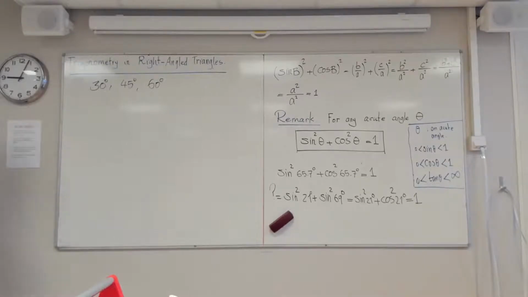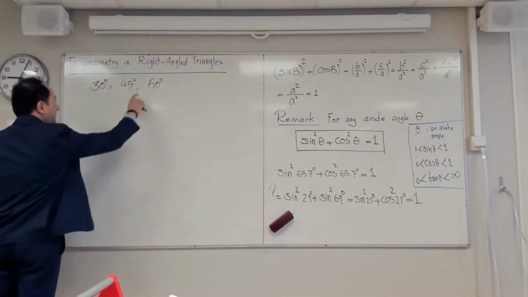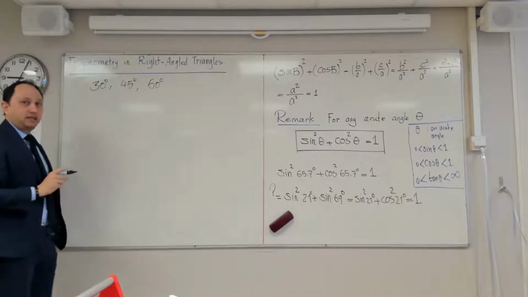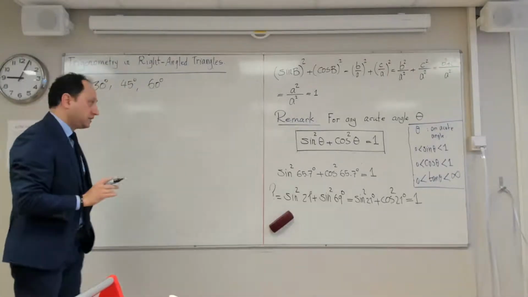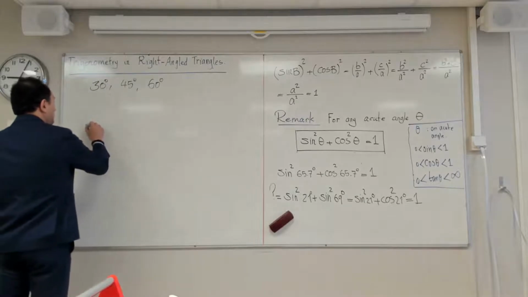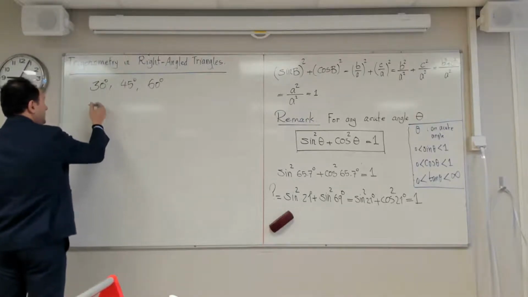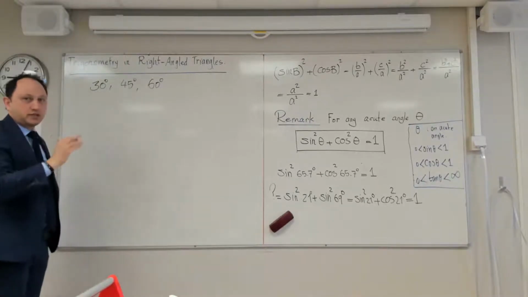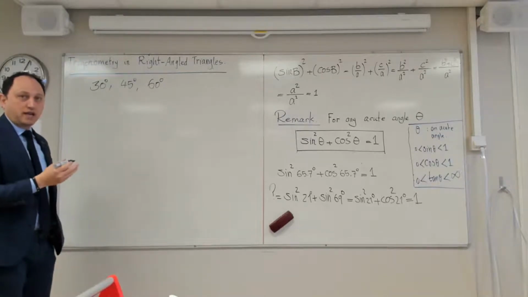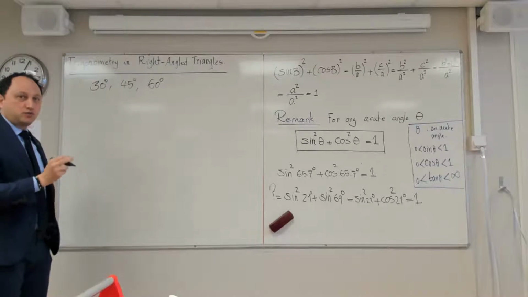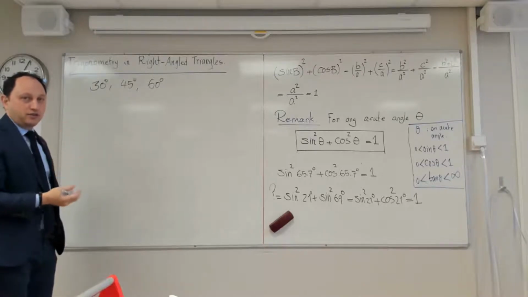Before talking about this, one thing might be a little bit not clear. I don't know if that's a question for you or not. I told you that if I want to calculate, for example, sine of 30 degrees, I need to start with a right angle triangle so that one of its acute angles is 30 degrees.